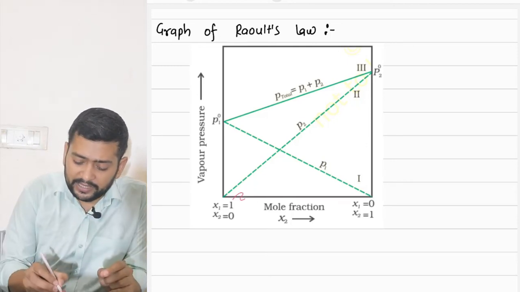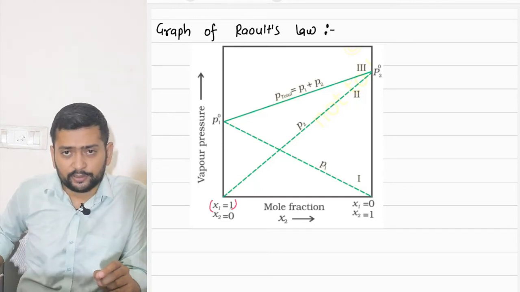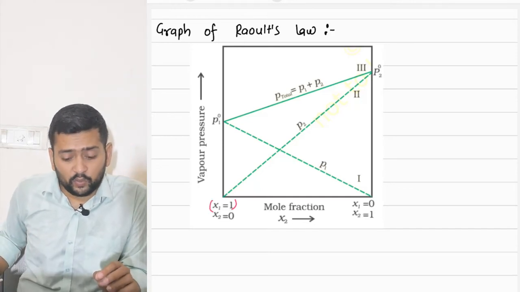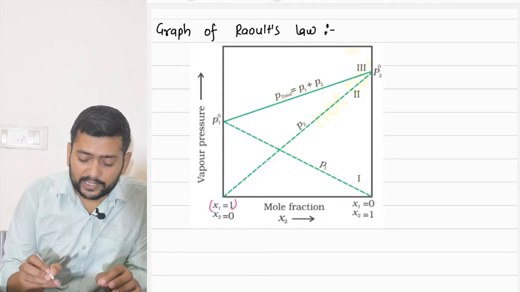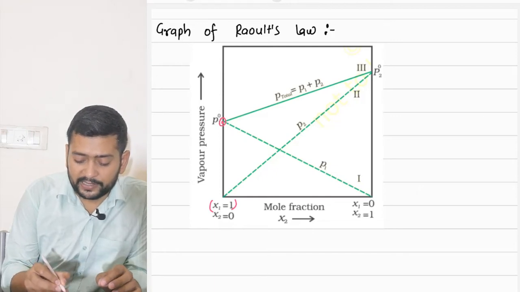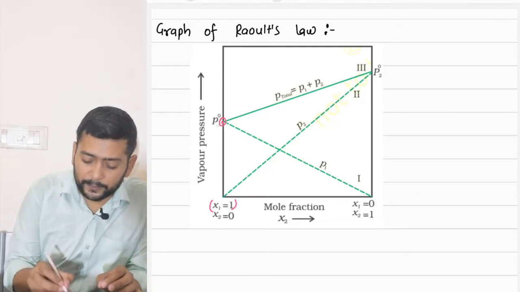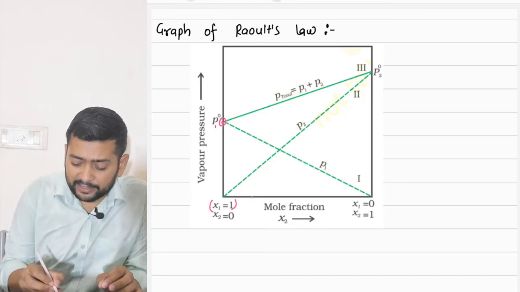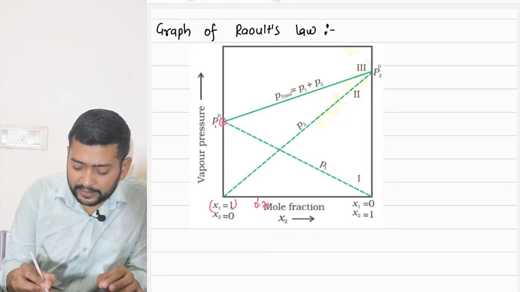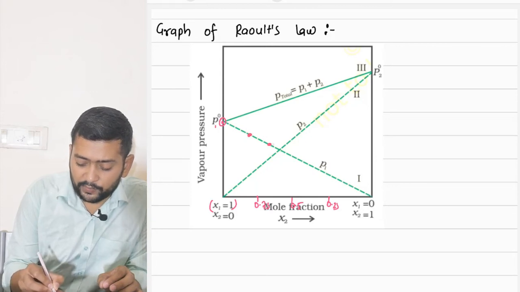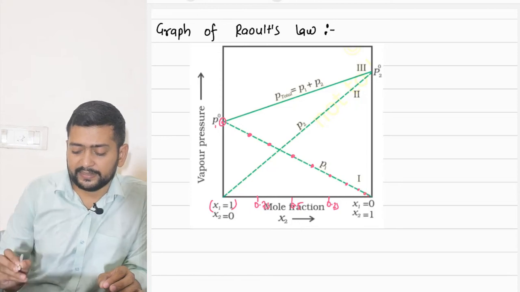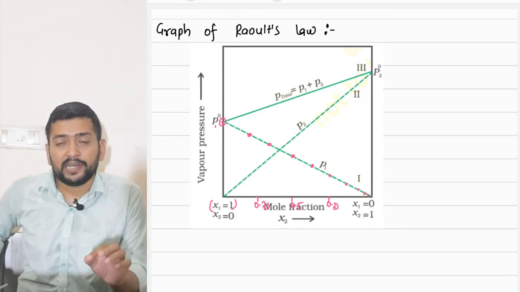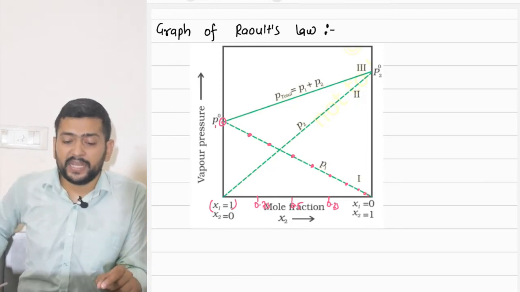So here zeta 1 is equal to 1, which means at this point we have vapor pressure P naught 1 for the first component. As zeta 1 starts decreasing, the vapor pressure will also start decreasing like this. I am clearly indicating it with the pink color.